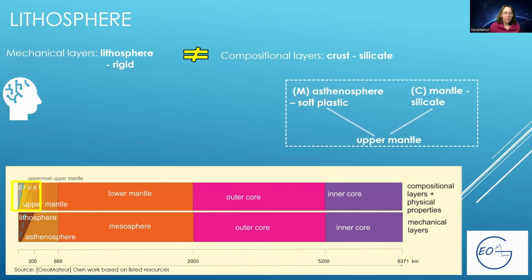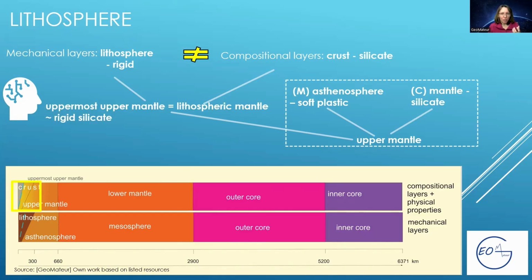Remember, we compared compositional mantle and mechanical asthenosphere and lithosphere, and we created the upper mantle. From the upper mantle, we borrowed some part of it and stuck it to the crust, calling it the uppermost upper mantle, also known as lithospheric mantle or just uppermost mantle.